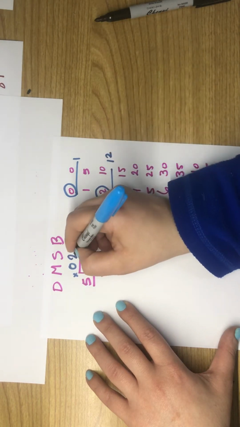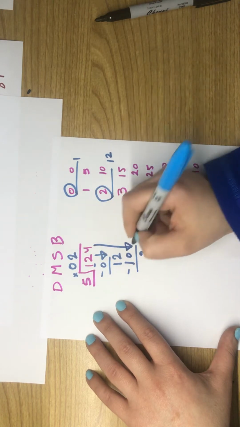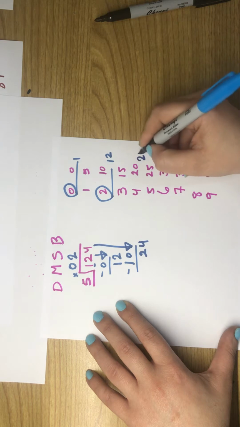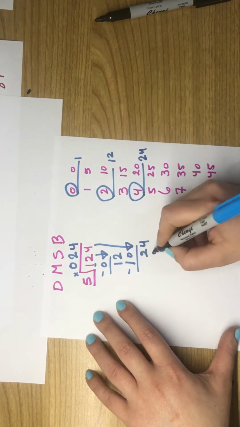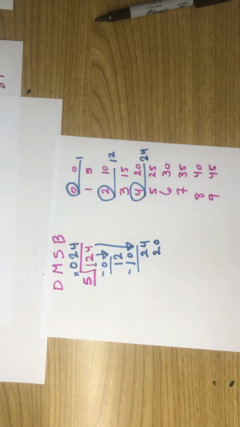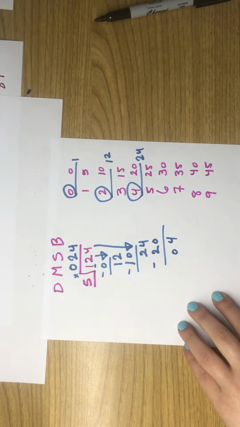Bubble, 2 up, 2 times 5 is 10, subtract, 2, bring down the 4. 24 is here. 4 is up, 4 times 5 equals 20. Subtract, 4, 0. Then we are done.